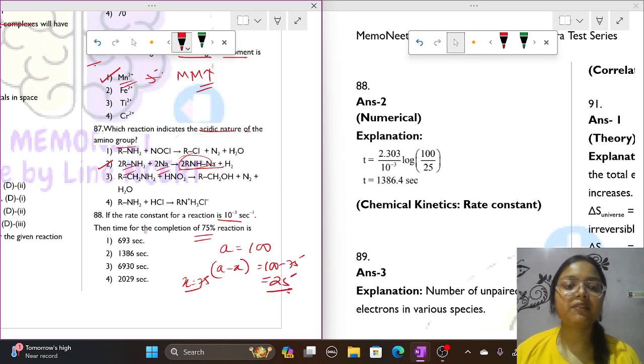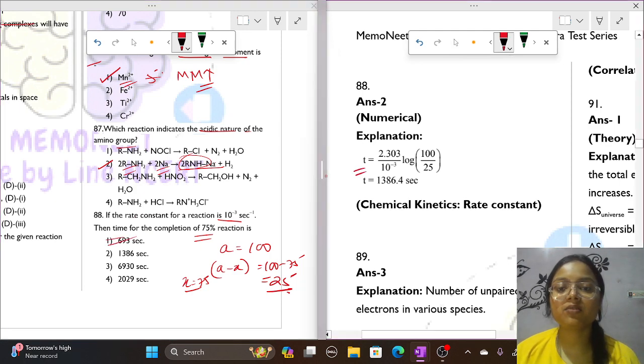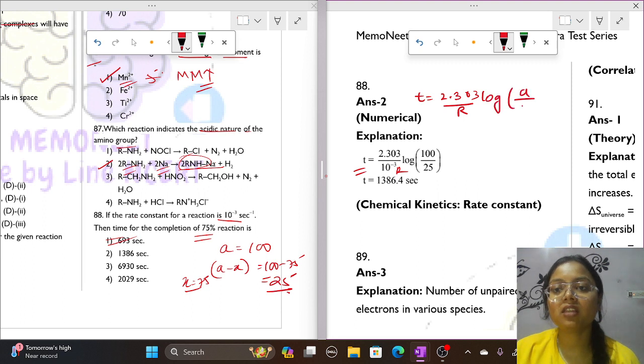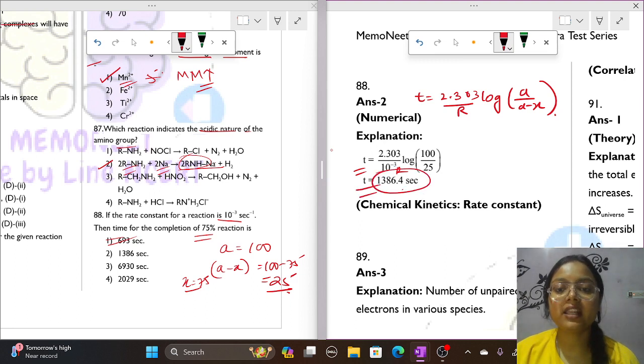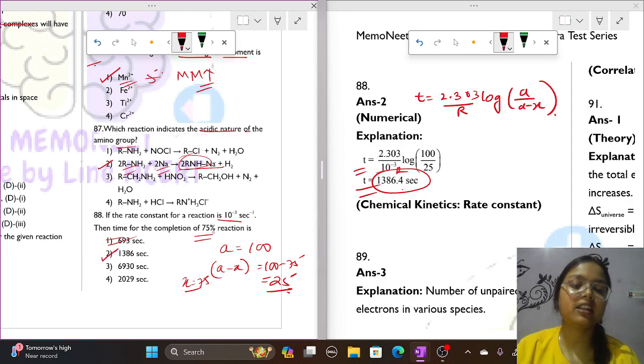We have to find the time. So t equals 2.303 by k log of A by A minus X. On putting all these values, we get t equals 1386.4 seconds, about 1386. The second option is the correct option.